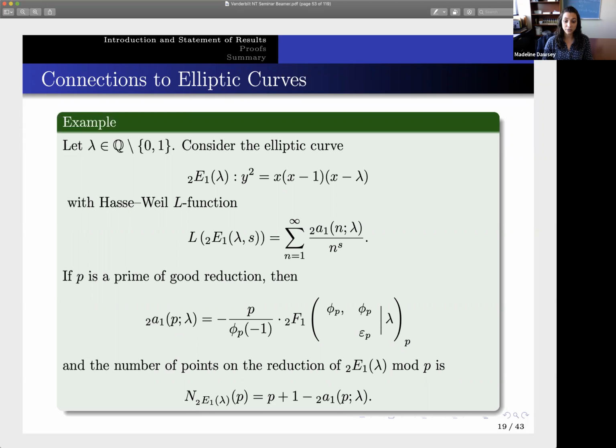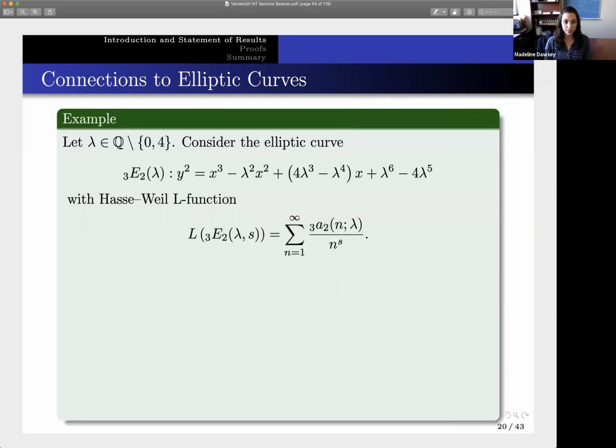And so when I said earlier that finite field hypergeometric functions are good at counting points on elliptic curves, this is why, because we have this formula for the number of points, and it has to do with the coefficients of the L-function that in certain cases can be related back to finite field hypergeometric function evaluations. Okay, so 2F1 is good at counting points on this curve. And then if we want to look at another example, here's a slightly more complicated elliptic curve. It also has an attached L-function with these coefficients that I'm calling 3a_2 now.